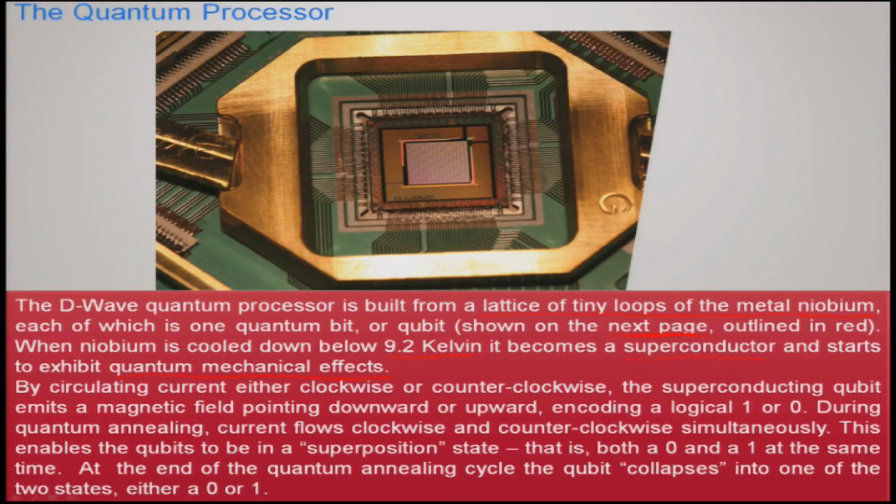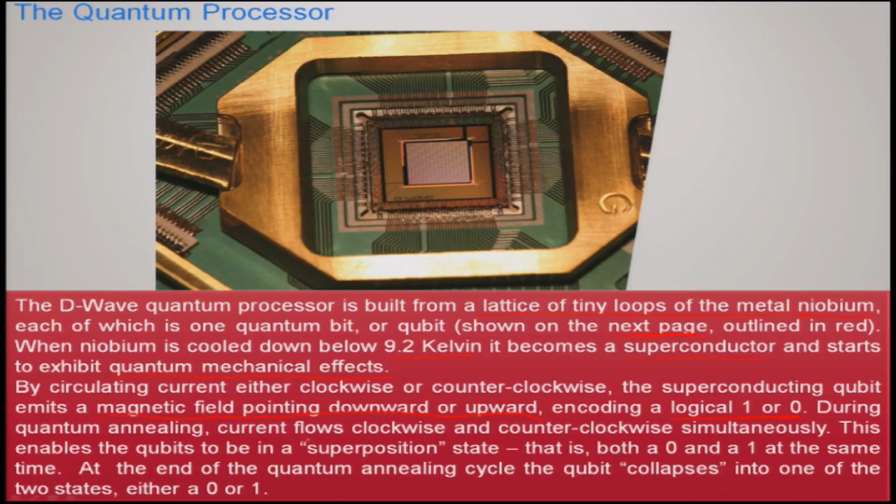By circulating currents either clockwise or counterclockwise, the superconducting qubit emits a magnetic field pointing downward or upward, encoding a logical 1 or 0, and that is one of the reasons why they have to be so careful about shielding it in terms of magnetic fields. So, because this is operated mostly in terms of the magnetic field creating the logical qubit 1 or 0, it has to be very highly shielded.